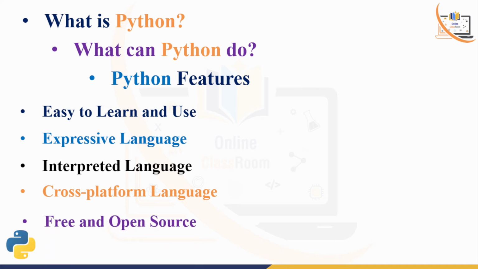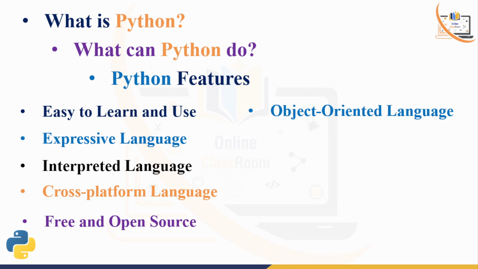And a very important feature is that it is free and open source. So if you want to do Python programming, you just go and download it, right? You do not have to pay any rupees for coding, for the compiler, for the software, right? And next one is object oriented. This is a very important feature.